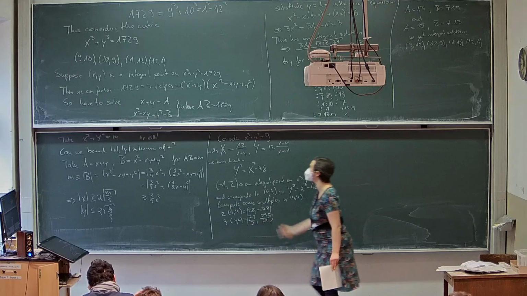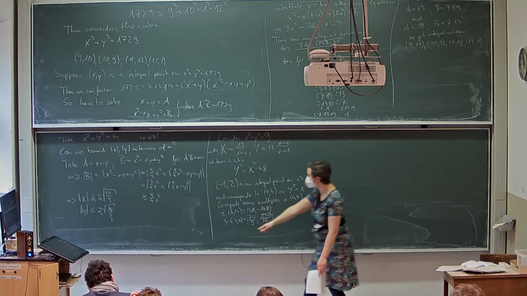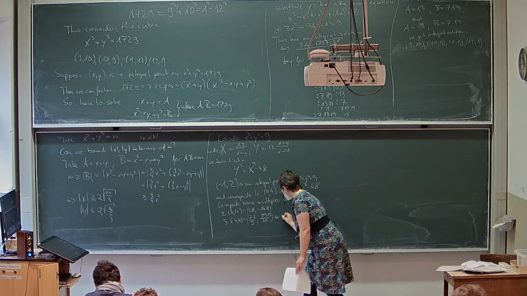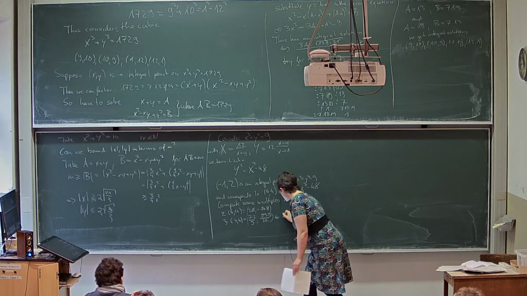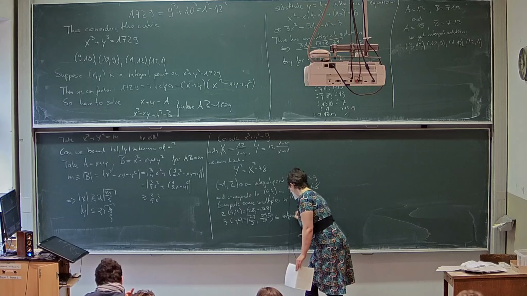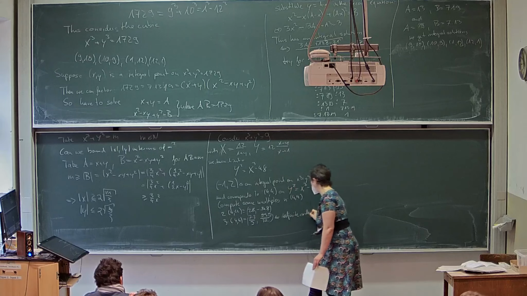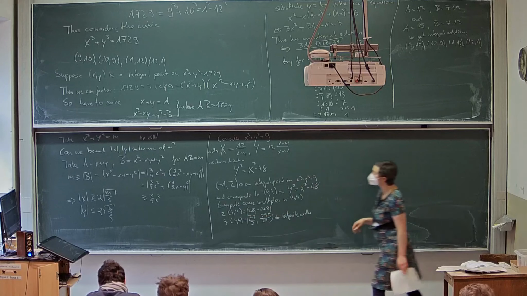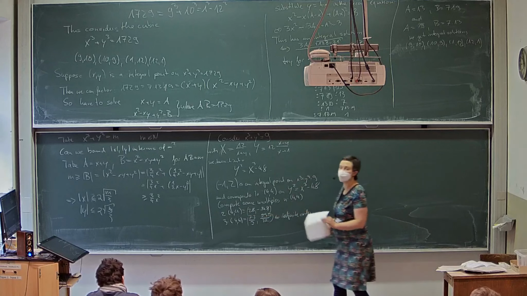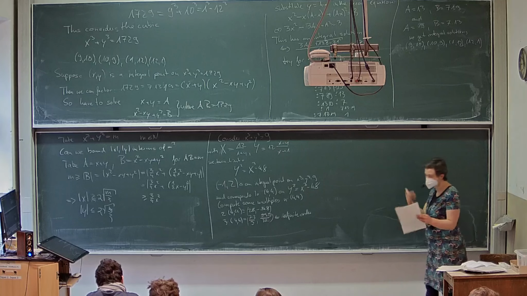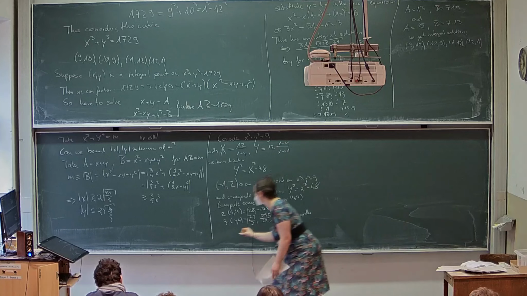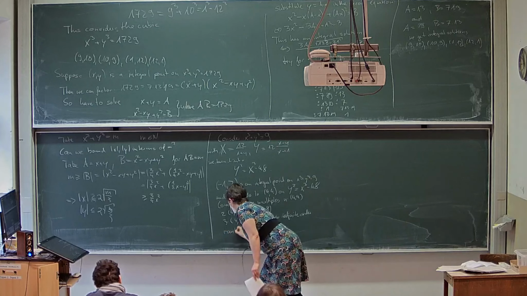Okay, but still we find one point, and since 3 times this point has denominators, it has infinite order. And then also, of course, the original point has infinite order. So at least we found 2 points of infinite order, so no torsion points with integral coefficients. And the curve has rank at least 1.